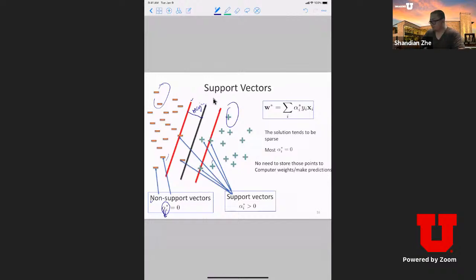And in practice, because we always want most examples to be perfectly separated by the large margin classifier, most examples have alpha_i star simply 0. If you want to store the weight vector, you only need a few support vectors. Any questions so far?